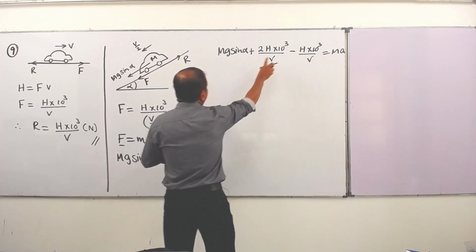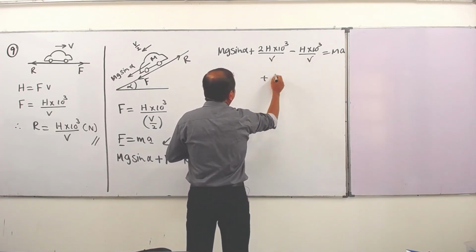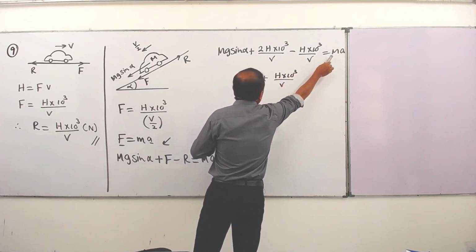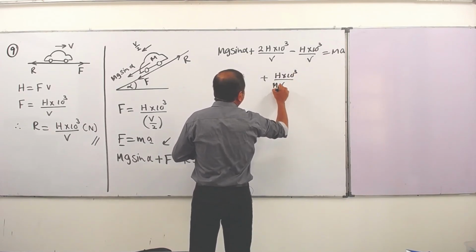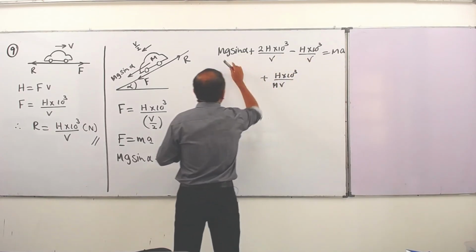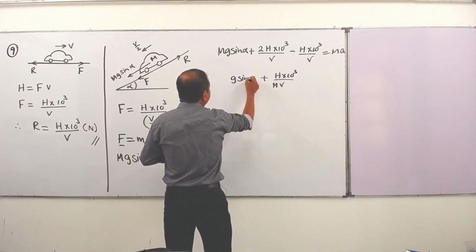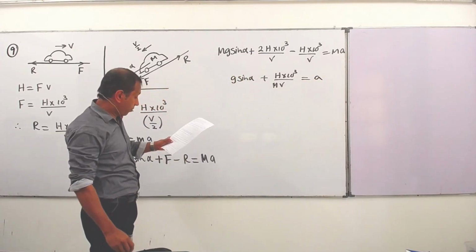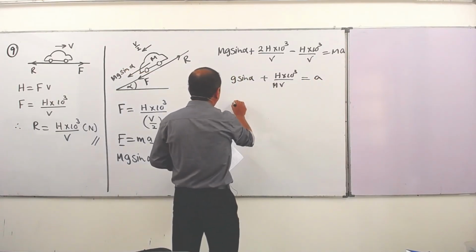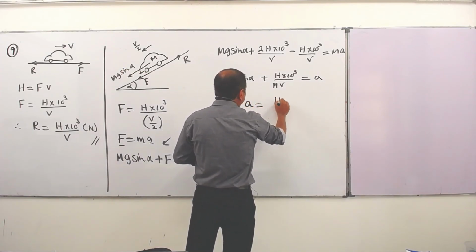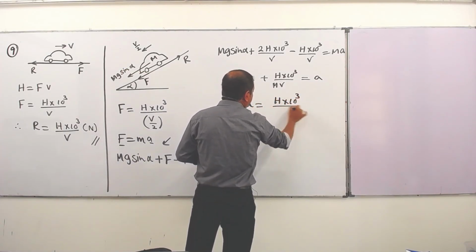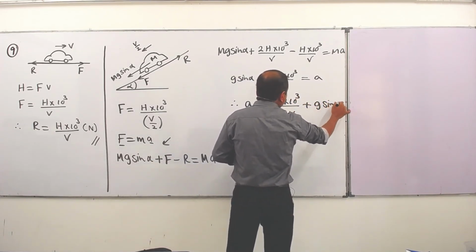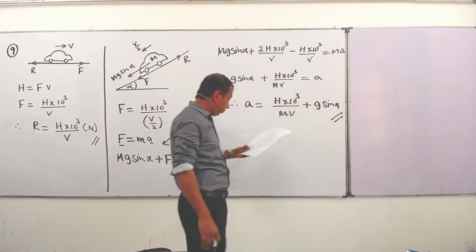Then simplifying this 2, we get H into 10 to the power 3 divided by v. Dividing both sides by m, this is g sine alpha. Now on the right hand side only a remains, that is the acceleration. Therefore, the acceleration a is H into 10 to the power 3 divided by mv, plus g sine alpha. This is the acceleration.